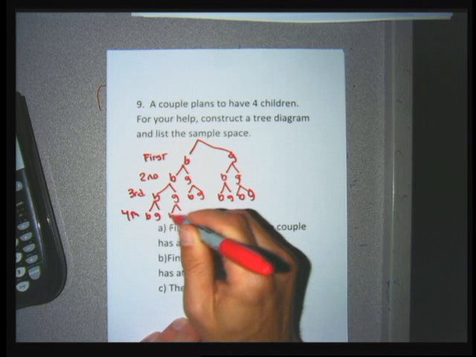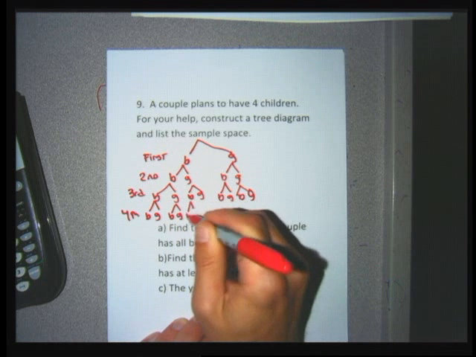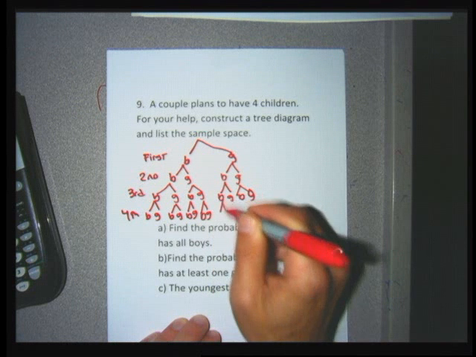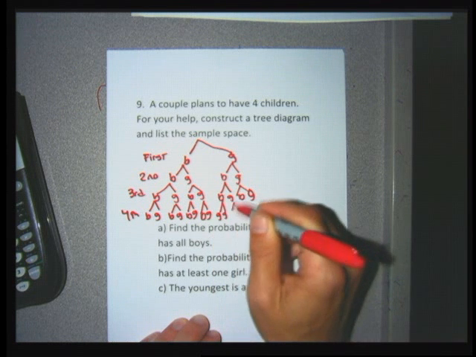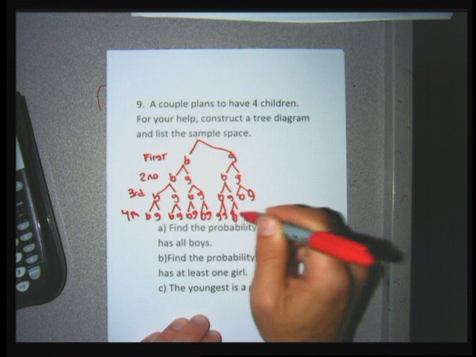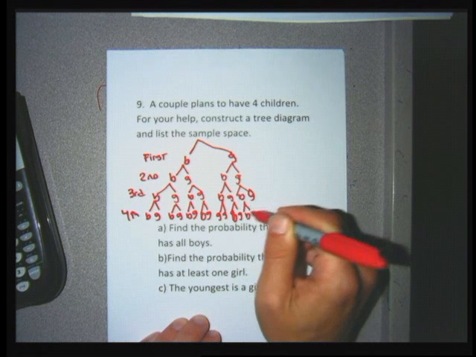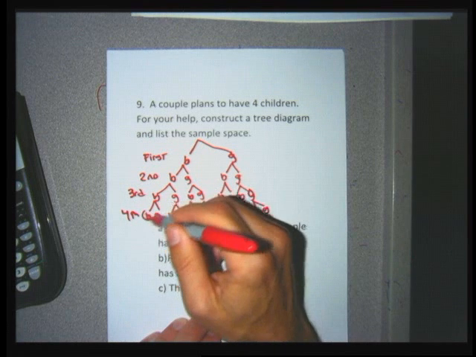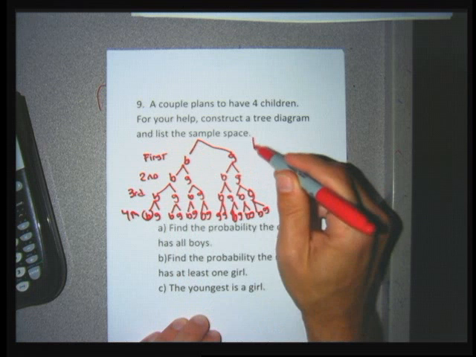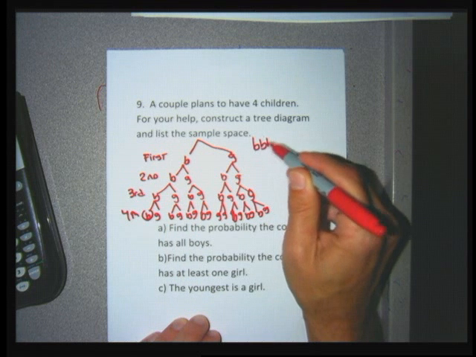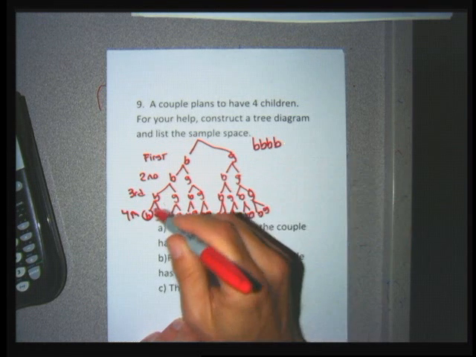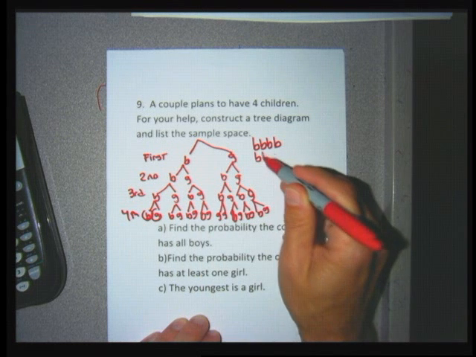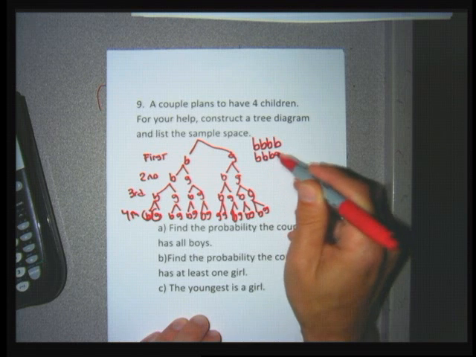I'm just going to follow the tree to each of the B's and G's in the bottom row. There's going to be 16 B's and G's in the bottom row, so there are 16 elements in my sample space. This B right here is a boy for the first kid, a boy for the second, a boy for the third, and a boy for the fourth. This G is boy, boy, boy, girl.